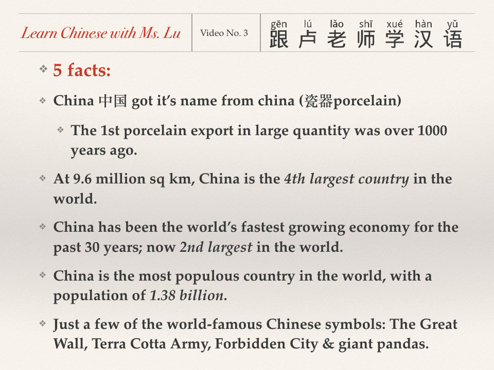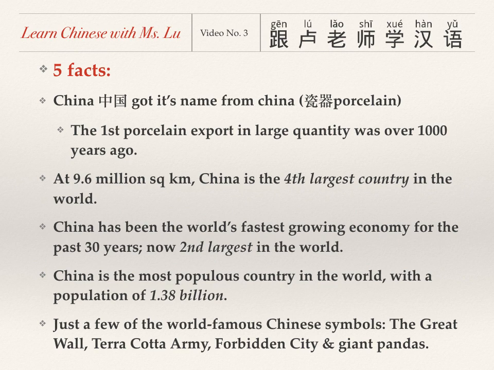The first porcelain export in large quantity was believed to be over 1,000 years ago, during the Song Dynasty. The second fact is that at 9.6 million square kilometers, China is the 4th largest country in the world, with the world's tallest mountain, Mount Everest, sitting on its border.